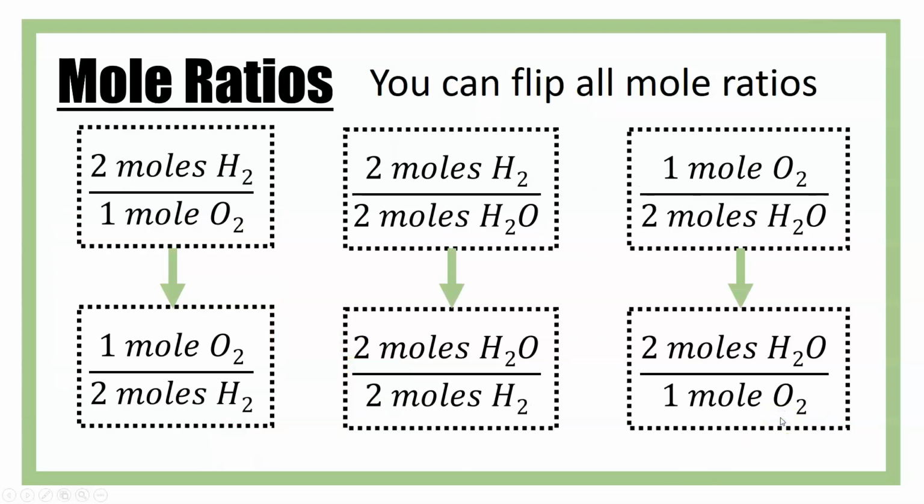So you can flip all your mole ratios. I'm not going to make you write all 6 of these, right? If you just wrote the top row or you just wrote the bottom row, you're totally fine. I know that we can flip them. What I'll be looking for is that you have the unique combinations of elements together. Understanding that you can flip them is really important, because that's going to allow you to figure out which units need to be canceled for our dimensional analysis portion.